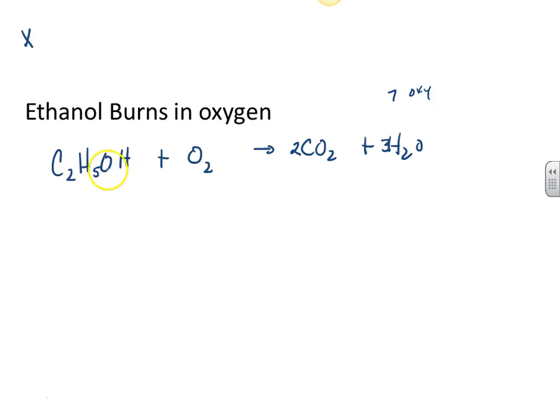So I'm just going to take away that 1. That means I've got 6 more to go. And that would be it. So that would give you 6 plus 1 would be 7. So 2 carbons, 2 carbons. 5 plus 1 is 6 hydrogens. 3 times 2 is 6 hydrogens. And we've got 6 plus 1 is 7 oxygens. 4 plus 3 is 7 oxygens.